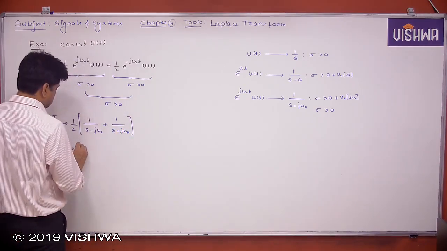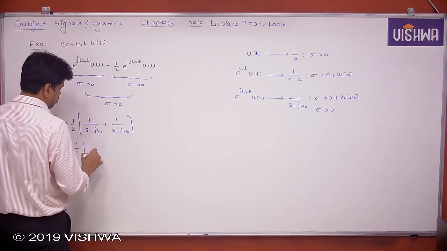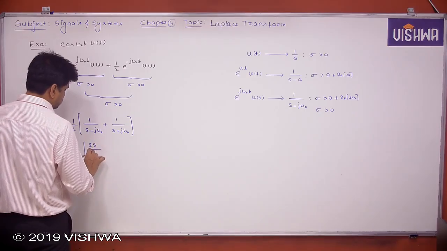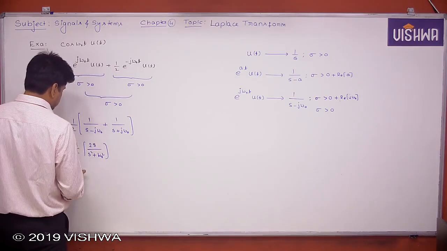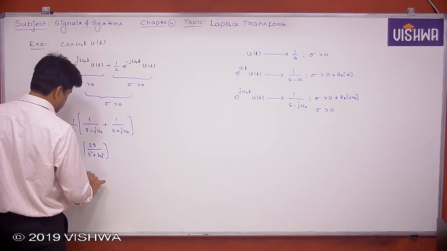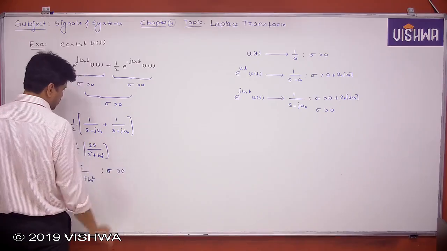That is 1 by 2, s plus j omega naught, s minus j omega naught get cancelled, 2s by s square plus omega naught square. 2 gets cancelled. Finally, this is nothing but s by s square plus omega naught square with sigma greater than 0 as ROC.